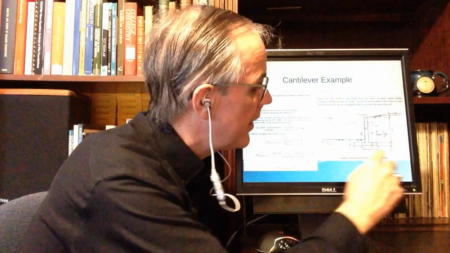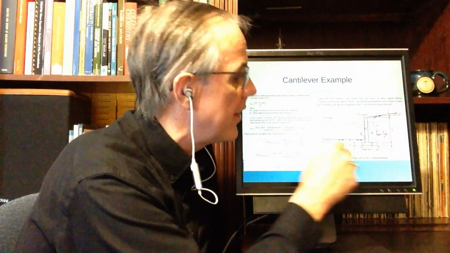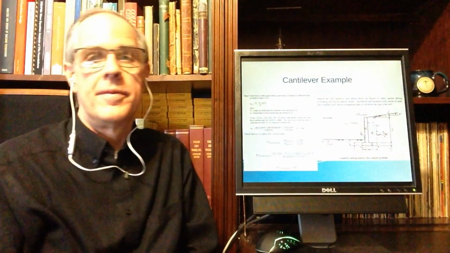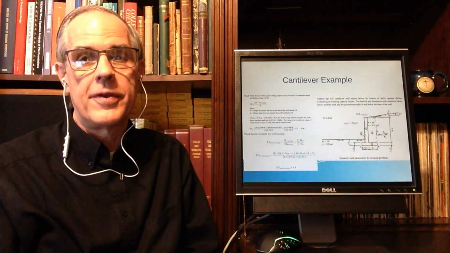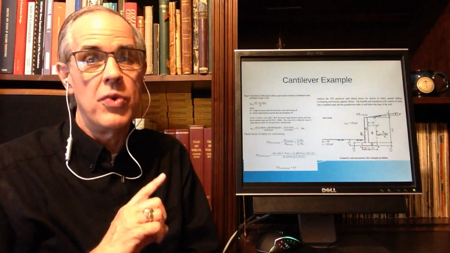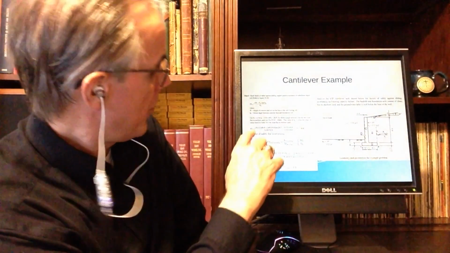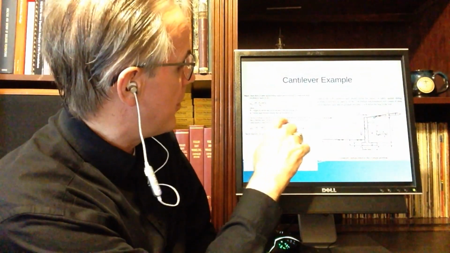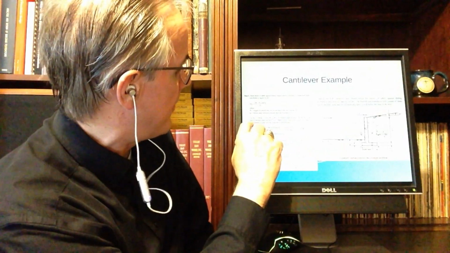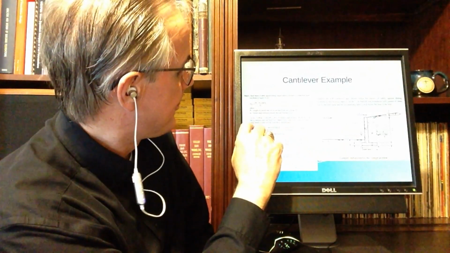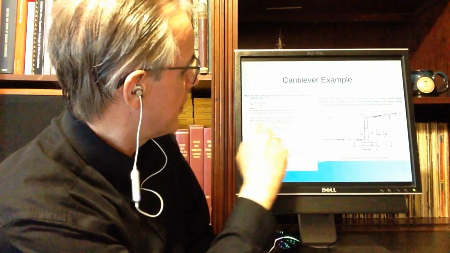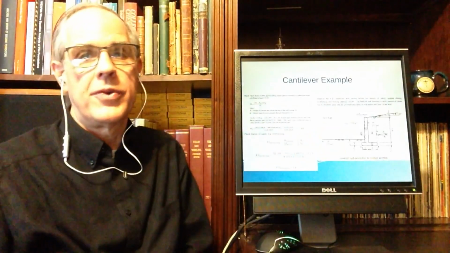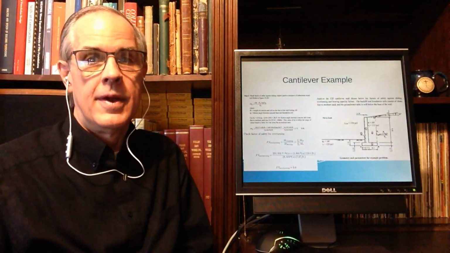The soil down here and the soil up here are different, so you need to read your problem carefully and make sure you know which soil is which. So you do that, and 28.5, you could also look it up. They also compare it with the NAFAC chart, which we showed you last time.